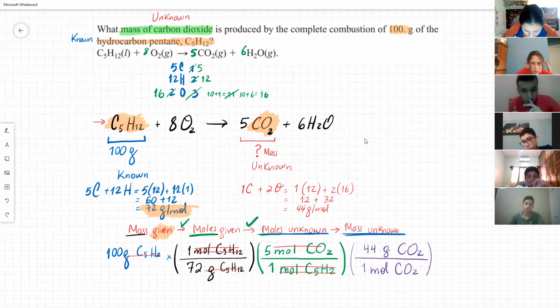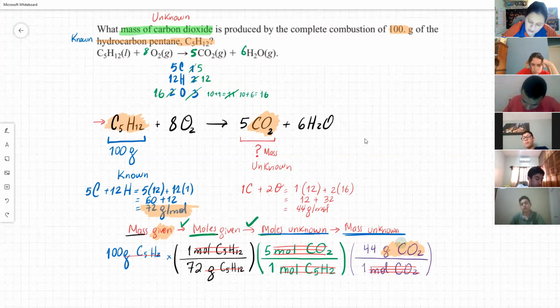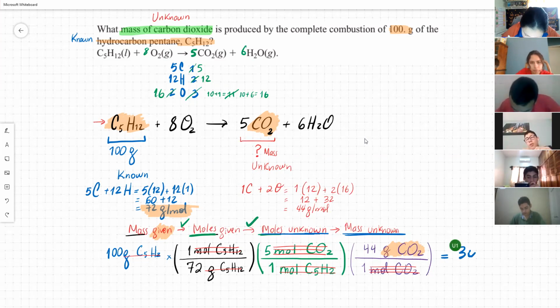I can cancel the moles of CO2 with the moles of CO2, just like I did over there. And the remaining units will be grams of CO2. What is the answer that you get from here? 305.5. 305.5 grams of CO2.